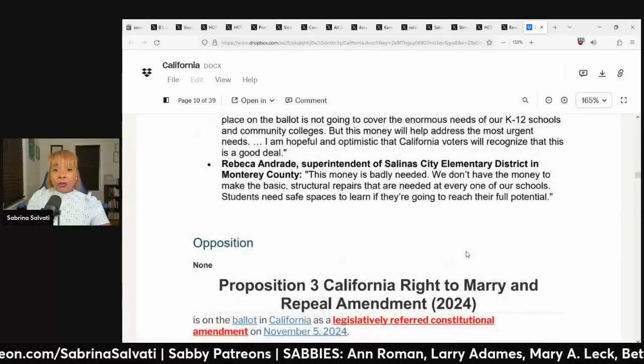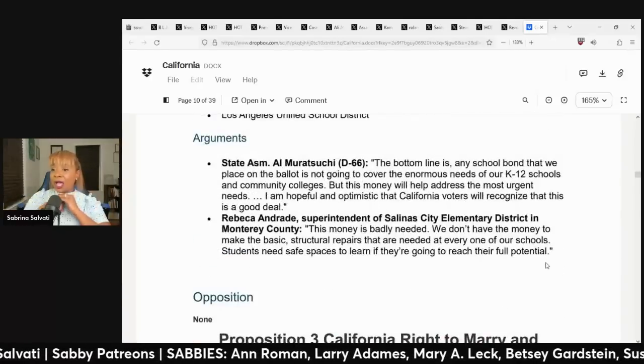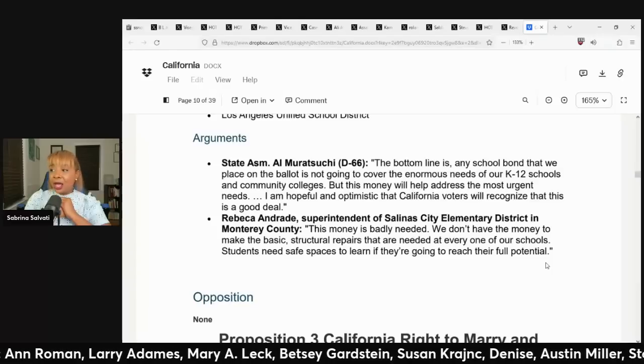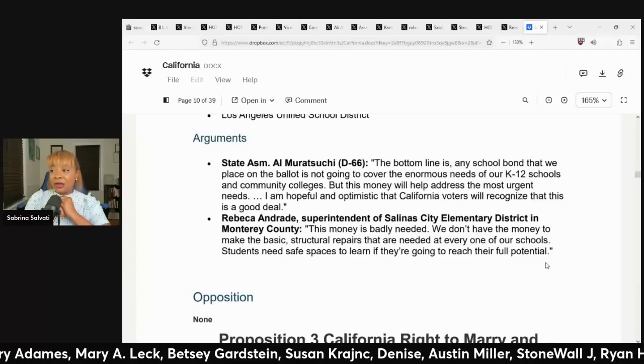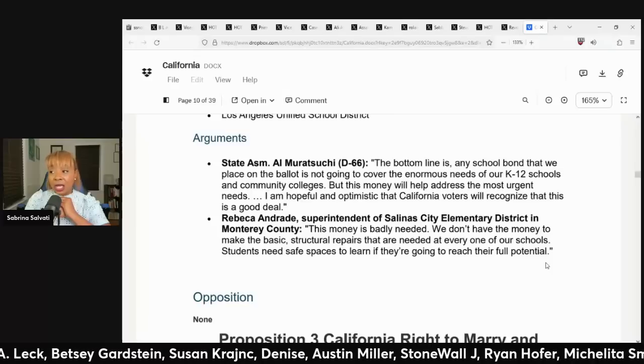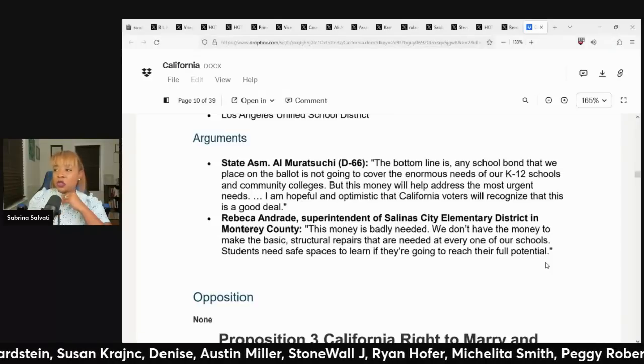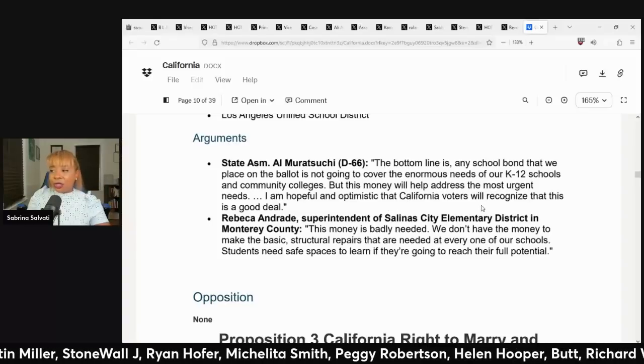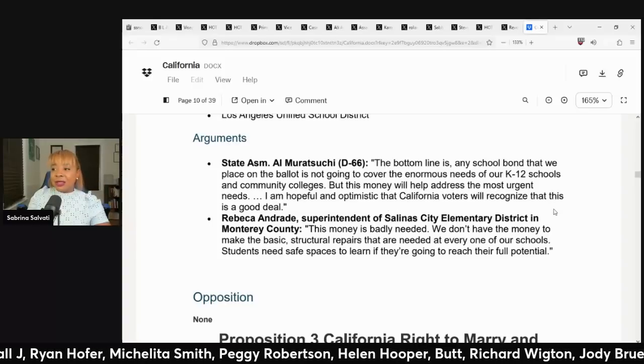Here's one of the arguments for it. The bottom line is any school bond that we place on the ballot is not going to cover the enormous needs of our K through 12 schools and community colleges, but this money will help address the most urgent needs. I am hopeful and optimistic that California voters will recognize that this is a good deal.